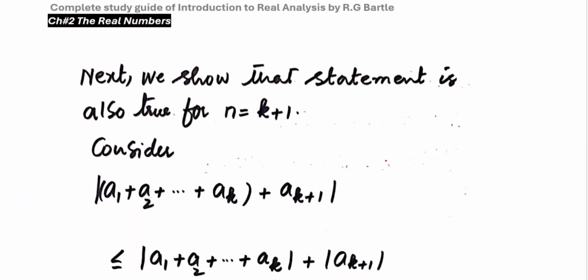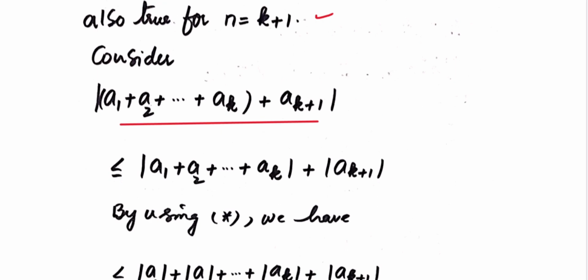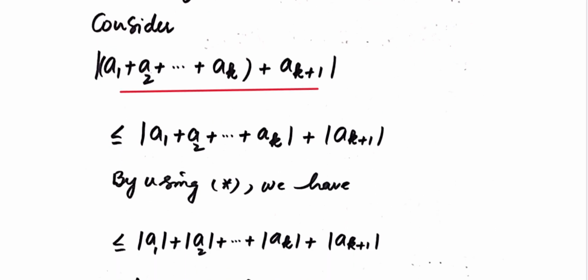Next, we show that the statement is also true for n = k + 1. In this case, I have to show that the absolute of the sum of k + 1 values should be less than or equal to the sum of the absolutes of k + 1 values.